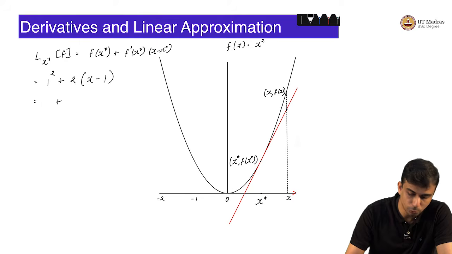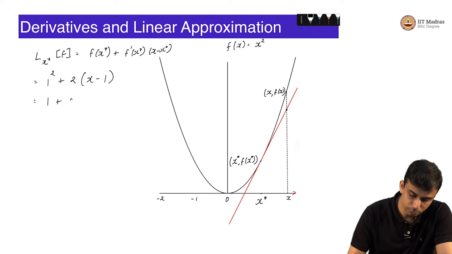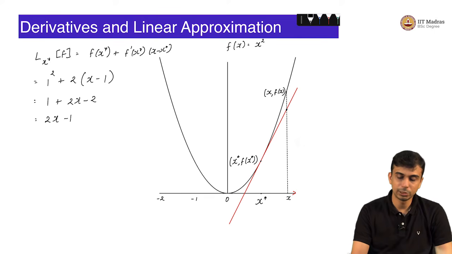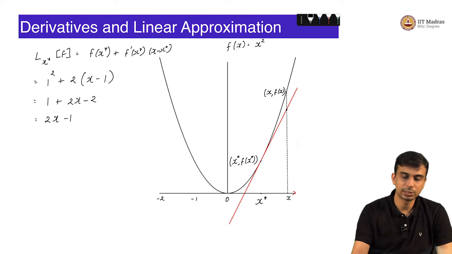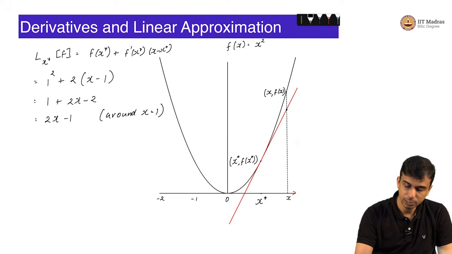So, we said x star is equal to 1, right. So, 1 plus 2 into x minus 1, which is 1 plus 2x minus 2, which is equal to 2x minus 1. So, what we are saying is the linear approximation of f around x equal to 1, this is valid around x equal to 1.